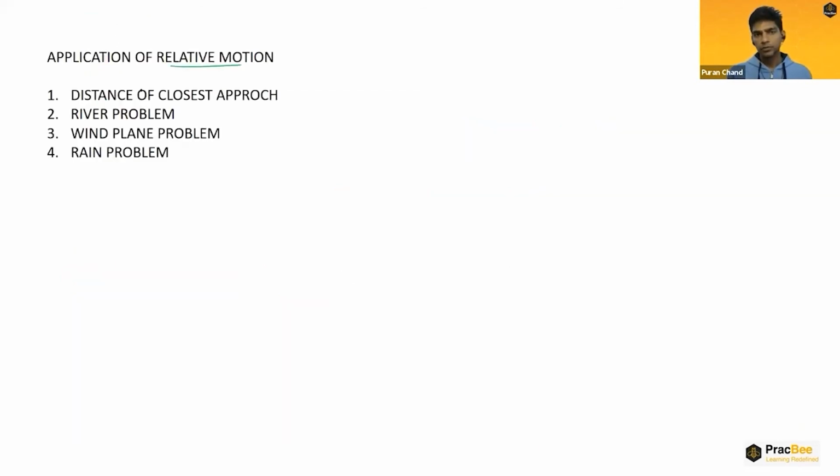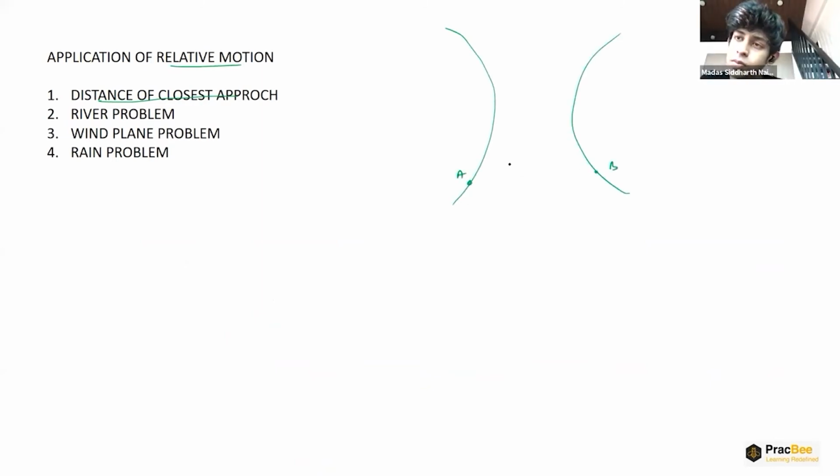So relative motion we will utilize in finding the distance of closest approach. For example, two bodies are moving. Suppose a body is moving in this curve, another is moving in this curve. Suppose A is here and B is here, so the distance is this.